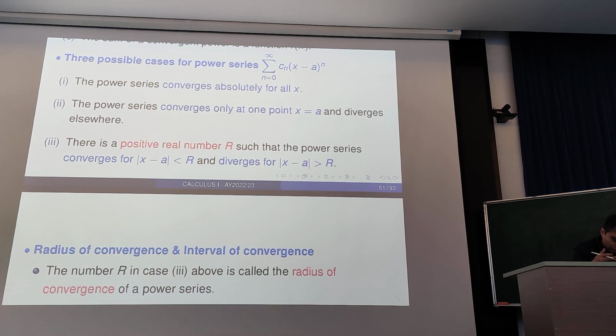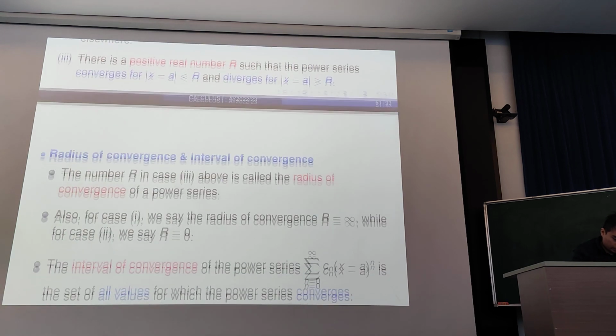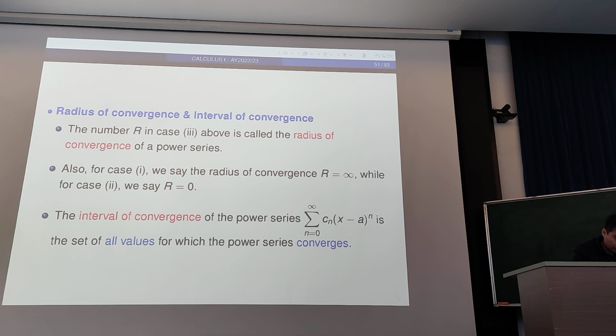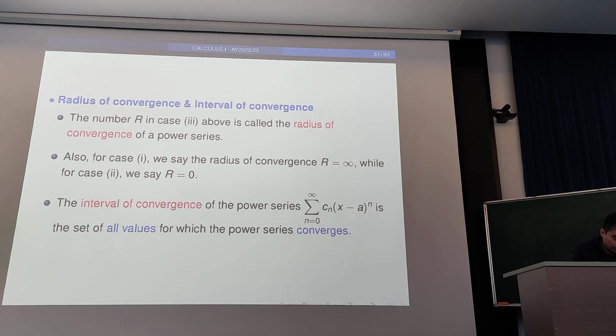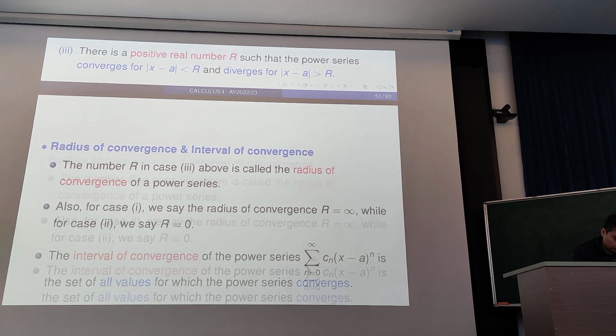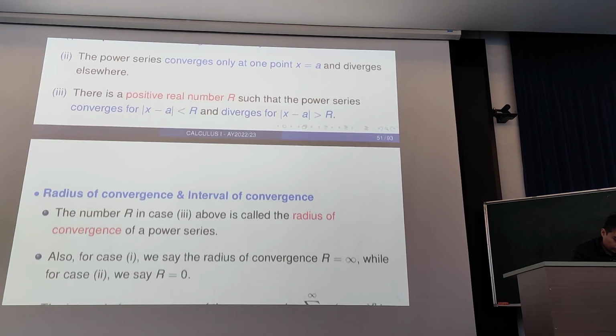So we know that a power series may have one of three cases about the convergence, and now we will define the radius of convergence and the interval of convergence.